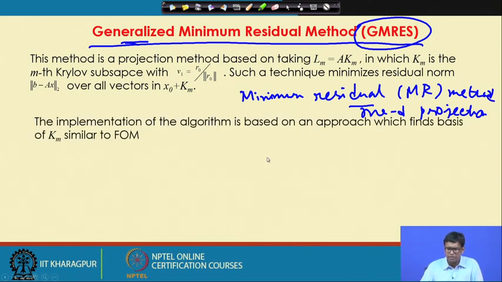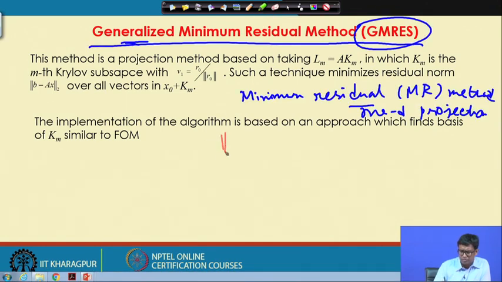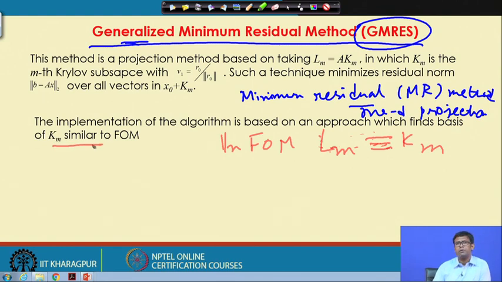The implementation of this algorithm is based on an approach which finds the basis of Km first, which is similar to FOM, the full orthogonal method. In the full orthogonal method, Lm is the same as Km. Here we will find Km similar to FOM.